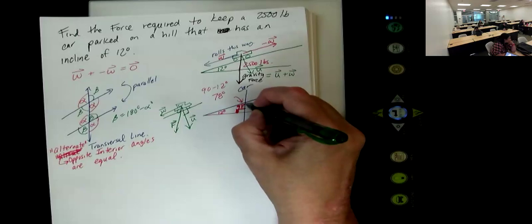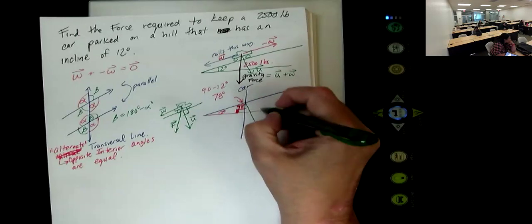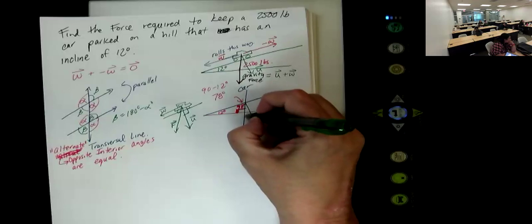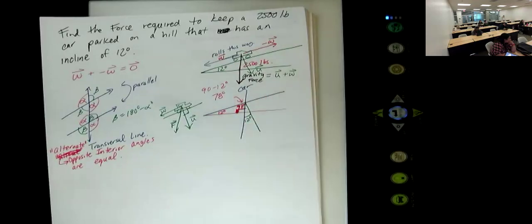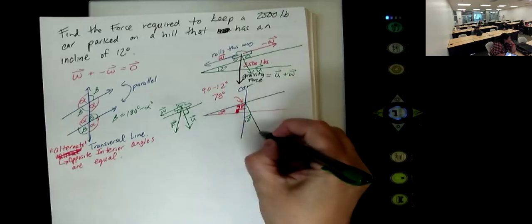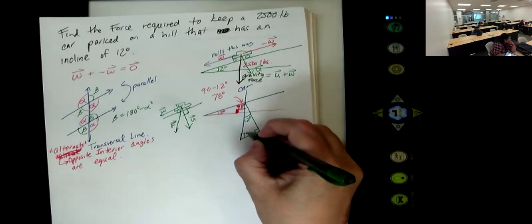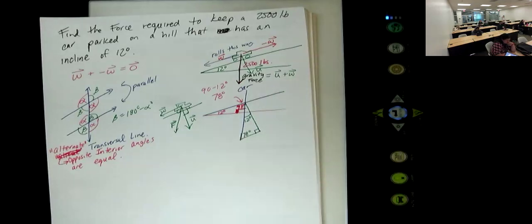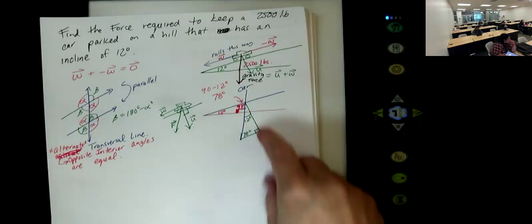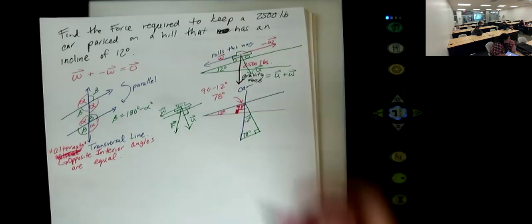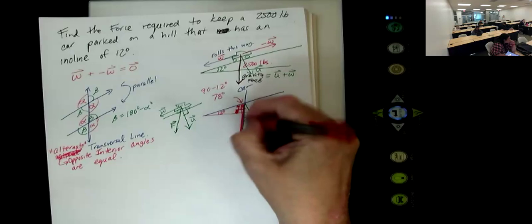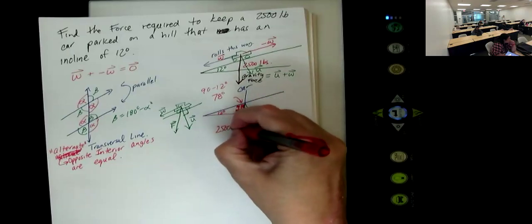Because if I treat this like that, then this angle here is 12 degrees also. And I can make a thing like that where that's the right angle and this is the 78 degrees. The only reason I bring it up is because this triangle is the one that's easy to work with, because we need this length right here. That was our 2,500 pounds.